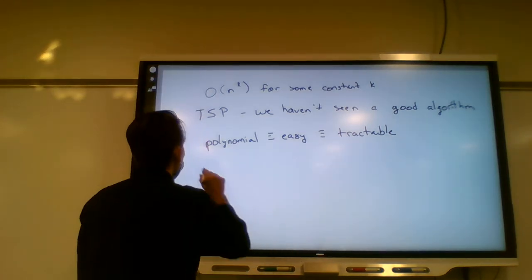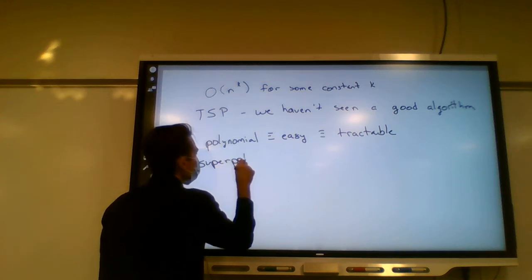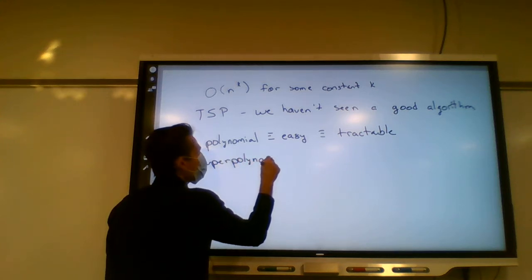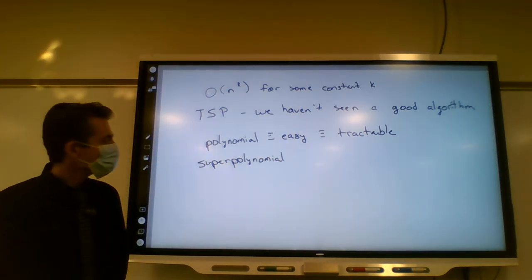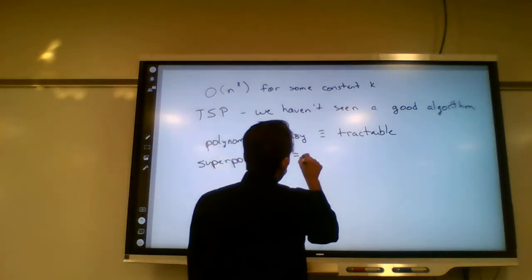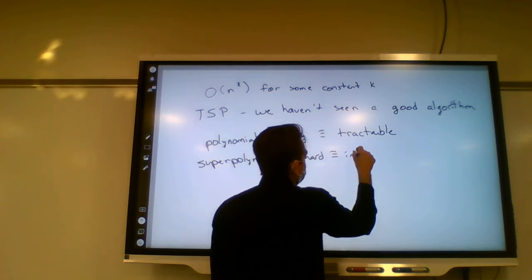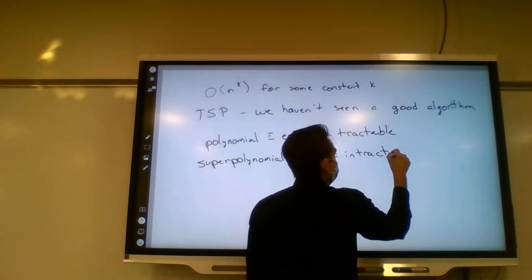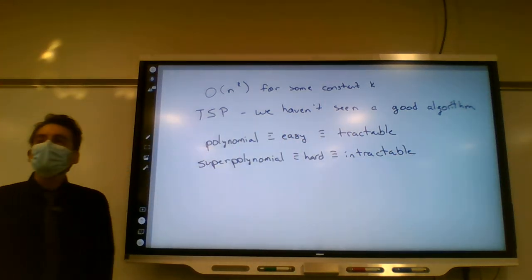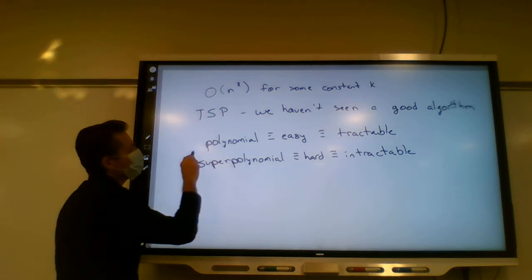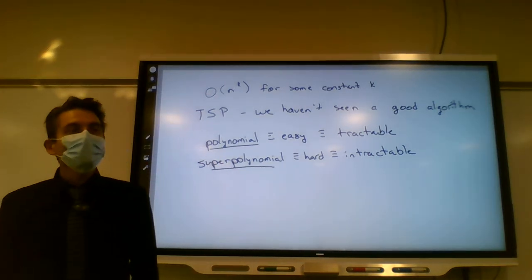Things that are super polynomial, so bigger than any polynomial, which might be factorial, which might be exponential, these are the hard problems. These are the ones that we say are intractable. Now there's a difference here. Up until now, we've been talking about an algorithm being polynomial or superpolynomial.